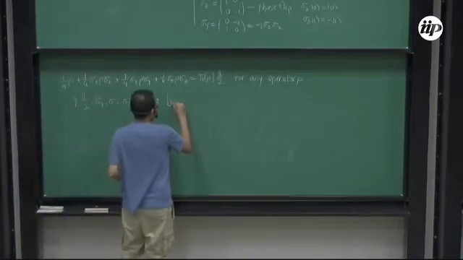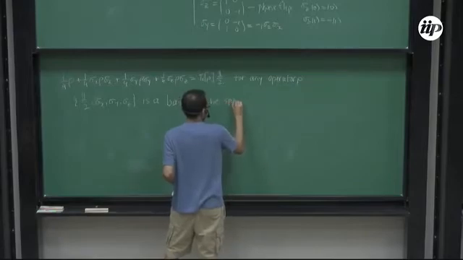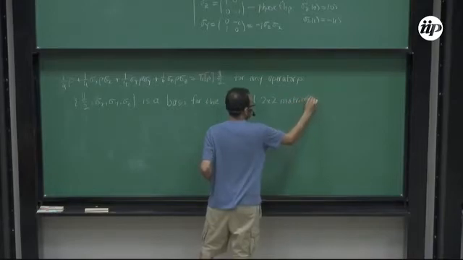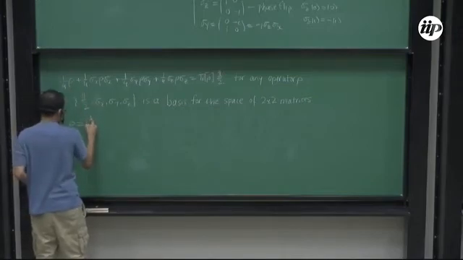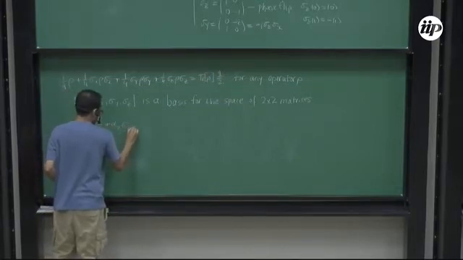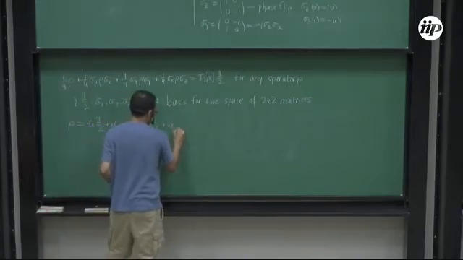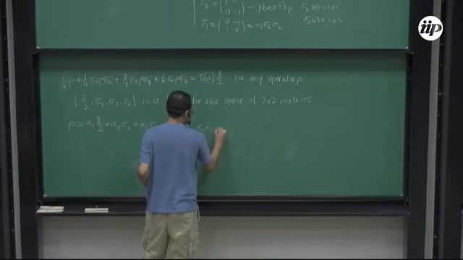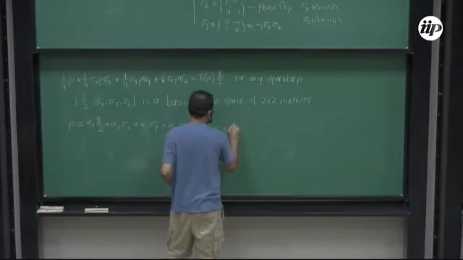So what this means is that we can write rho in this way, where the alphas are real numbers.